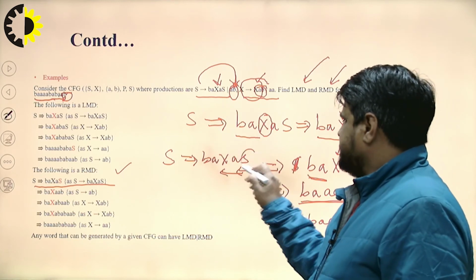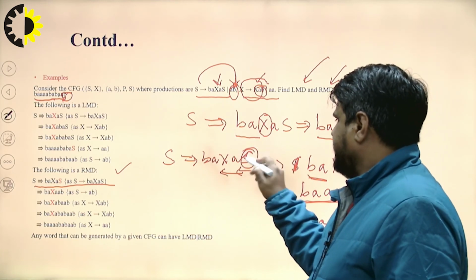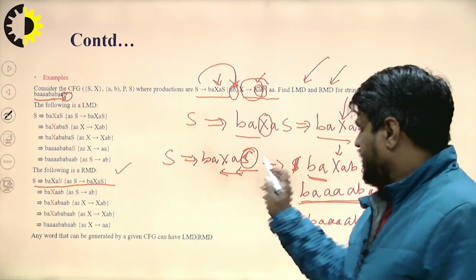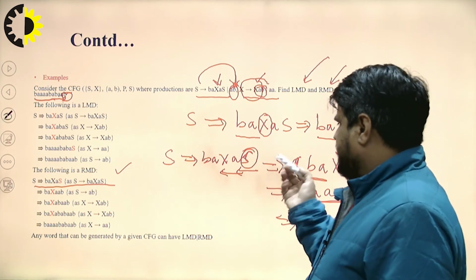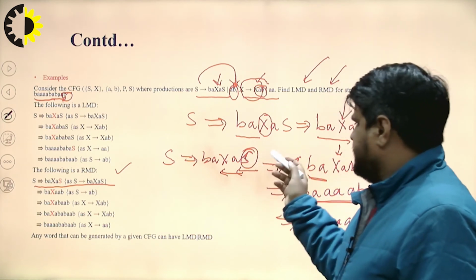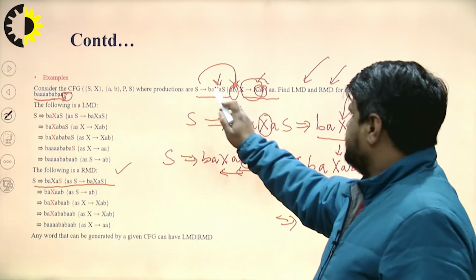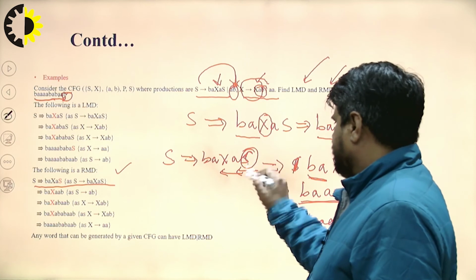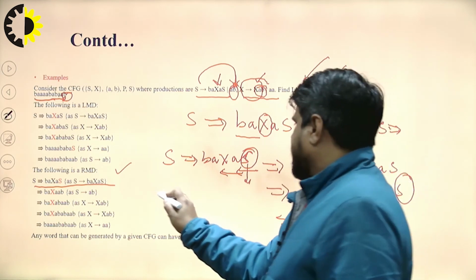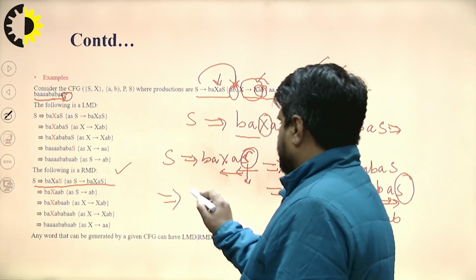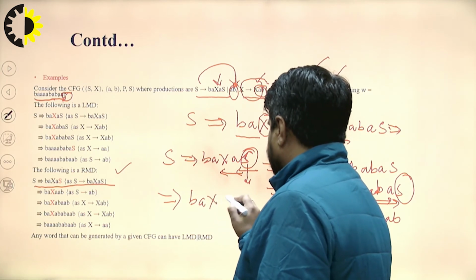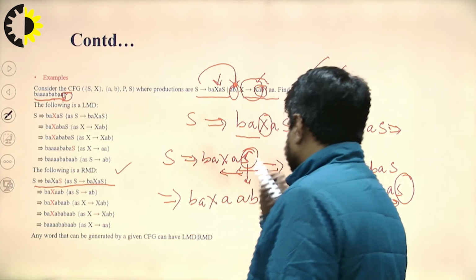So this S is encountered first as the first non-terminal, so you have to replace it first. What value will I replace it with? You will require AB. So S tends to AB is a production, so you will replace it by AB. So you will derive B A X A AB, right?